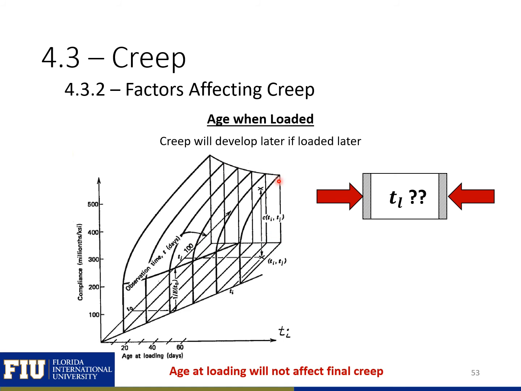If we were to look towards time infinity, these creep coefficients would end up being about equal. So generally, the age at loading is not going to affect our final creep, although it will affect the creep at different times.